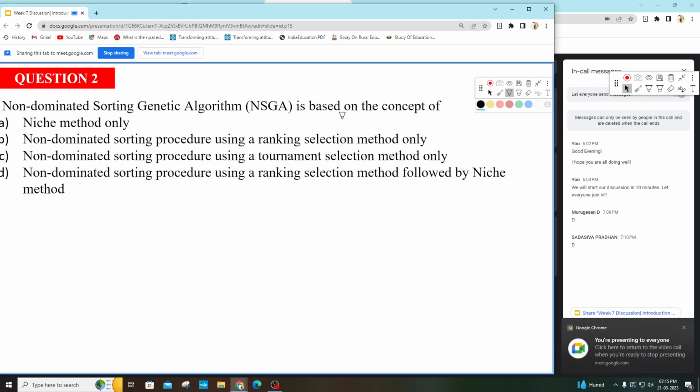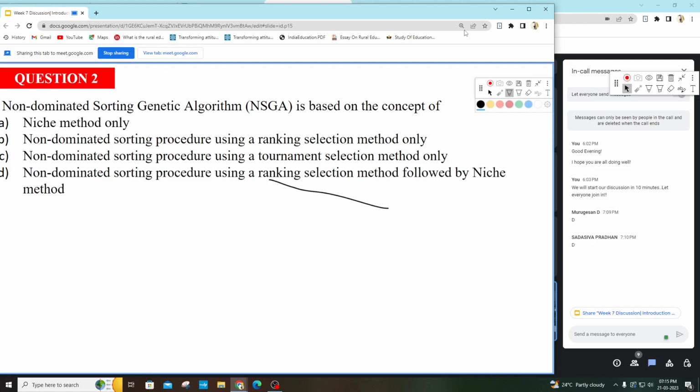Non-dominated sorting algorithm NSGA is based on the concept of: niche method only, non-dominated sorting procedure using a ranking selection method only, non-dominated sorting procedure using a tournament selection method only, or non-dominated sorting procedure using rank selection and niche method.